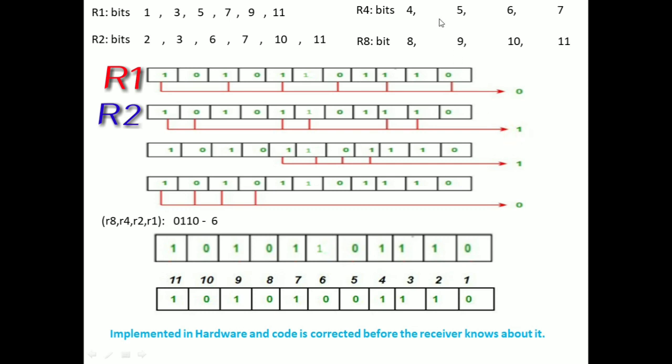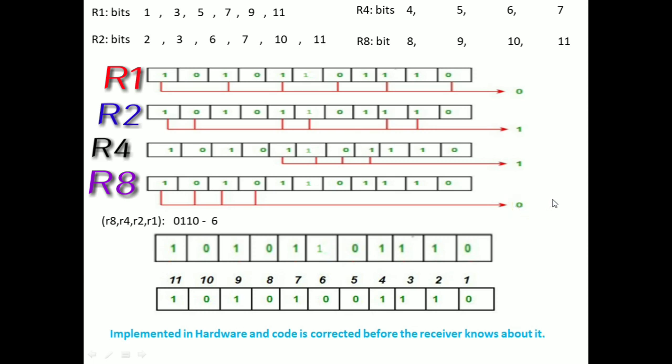For R4, it should be checked at the 4th, 5th, 6th and 7th positions. How many ones are there? 3. So for even parity we have to add another 1. For R8 at 8, 9, 10, 11, how many ones are there? 2. So to make it even parity we have to add 0.